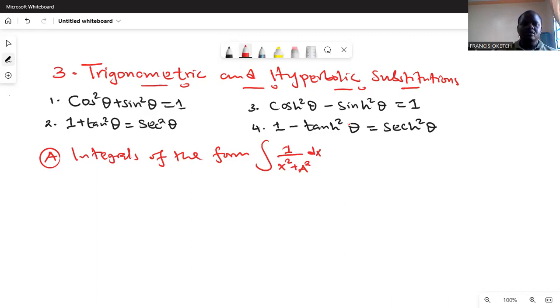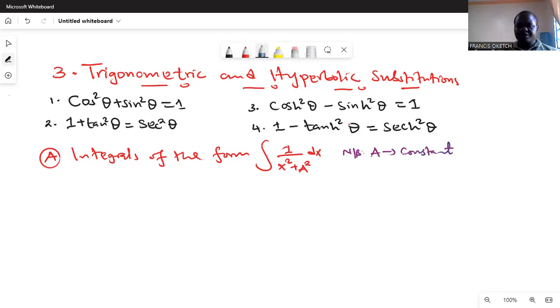So in this kind of integrals, how are you supposed to proceed? Take note here that a is a constant. So how do we go about this kind of integral?